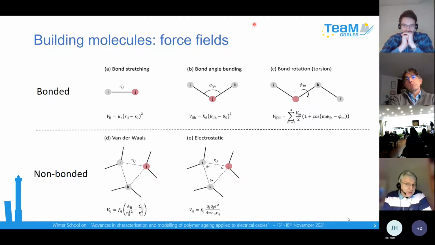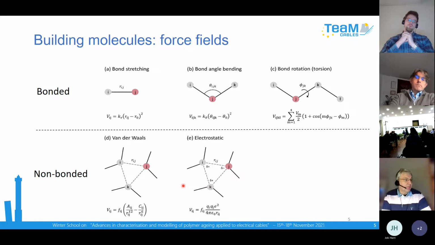But this torsion potential is actually hugely important when we are talking about polymers, and I will show more on this on the next slide. The non-bonded interactions are typically the van der Waals interaction due to the polarization of the molecules, and then the electrostatic potential, because even if our molecules are electrically neutral on the whole, the atoms of that molecule may still have some non-zero partial charges associated with them.